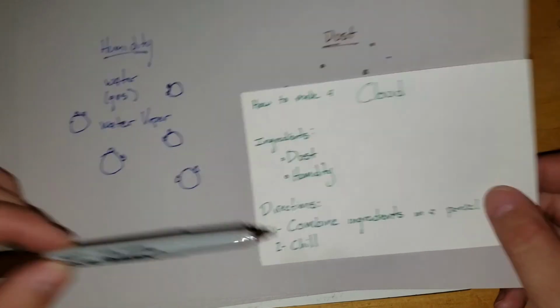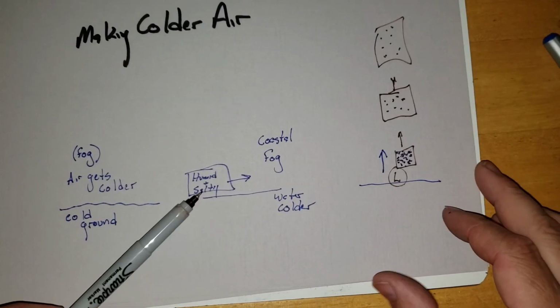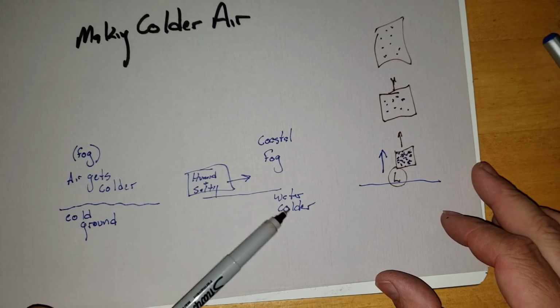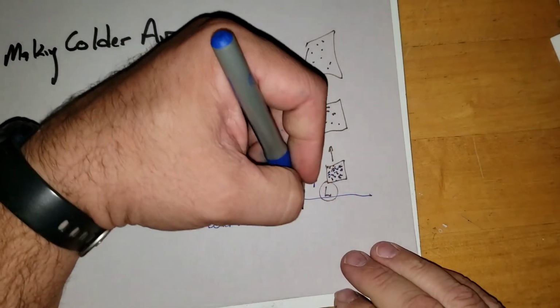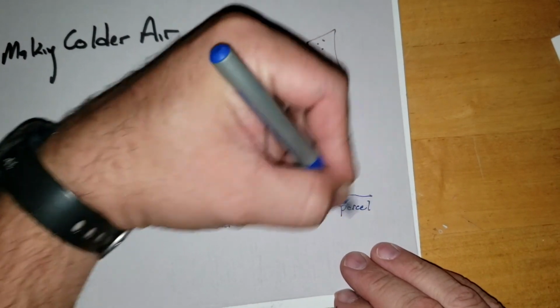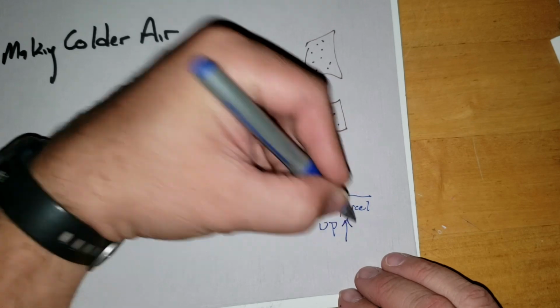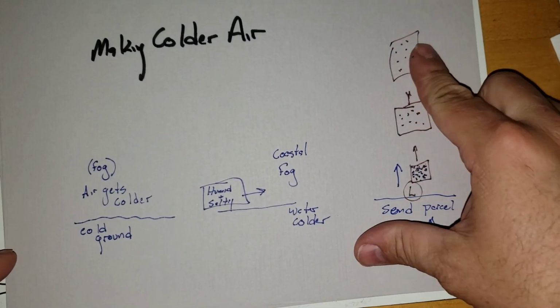Then we make it colder by either making the ground cold, or moving it to a colder area, like over colder water, or we send the parcel up through the atmosphere, where the air is rarefied and there's room to grow.